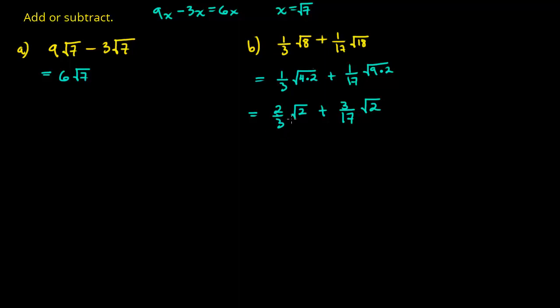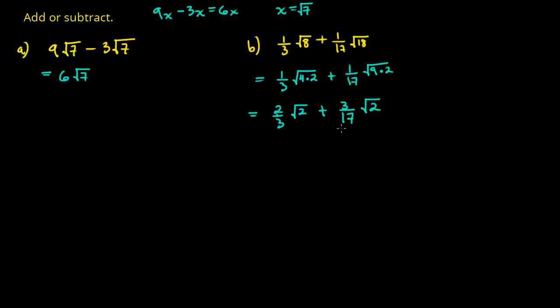Now, we have two radicals that are the same, root 2 and root 2. So we can actually add these together. To add these, we have to find a common denominator. The lowest common multiple of 3 and 17 is 51, because 3 and 17 are both prime.